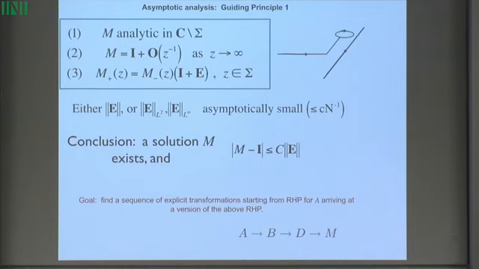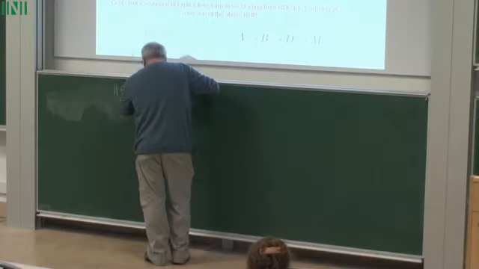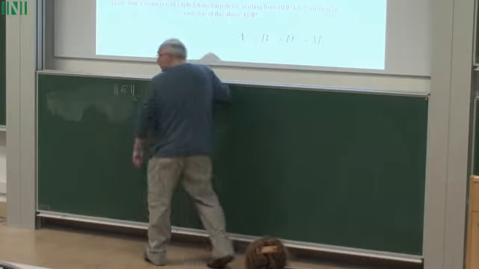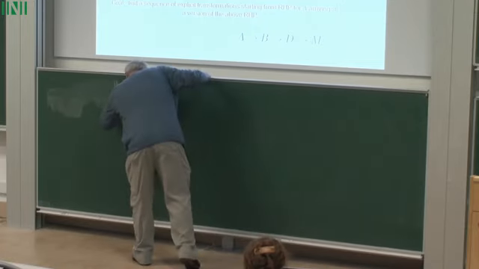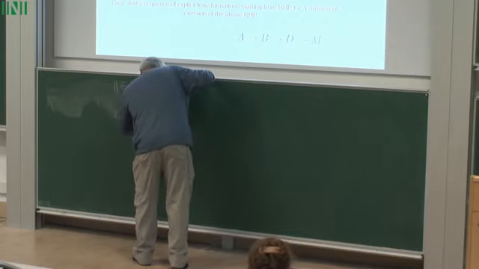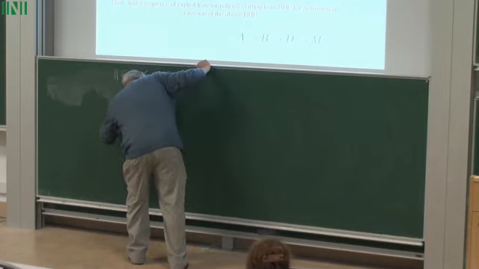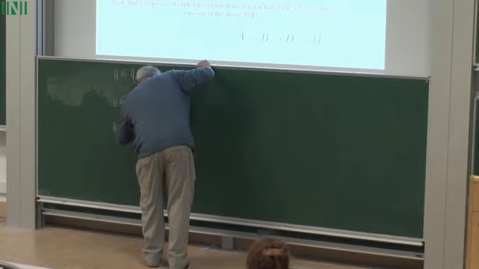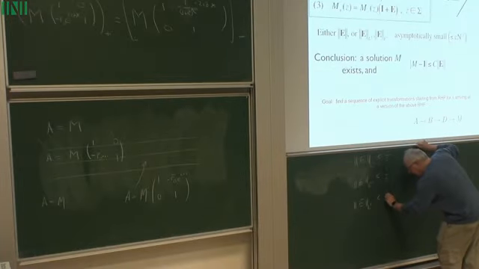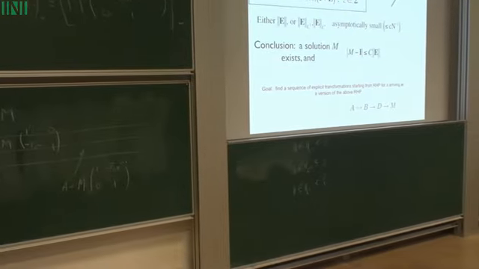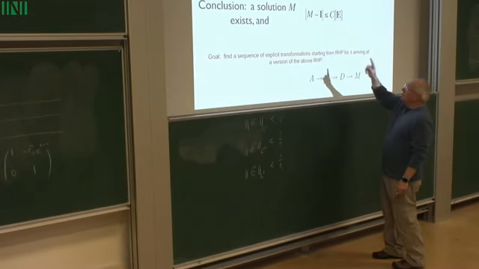The simplest statement is: if you know that the L2 norm on the contour is less than maybe 1 over t, where t is the large parameter, and you also need to know that the L infinity norm is less than 1 over t. And because I'm up here and have jet lag, I'm going to write down the L1 norm, even though I think that may follow from the L2 and L infinity norm. If I have those three estimates, then I can prove that a solution M exists.